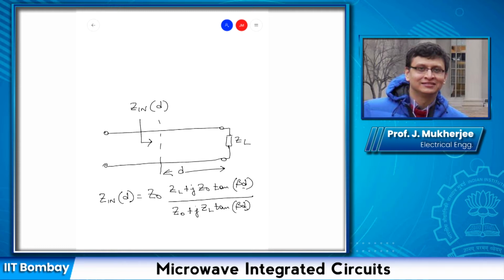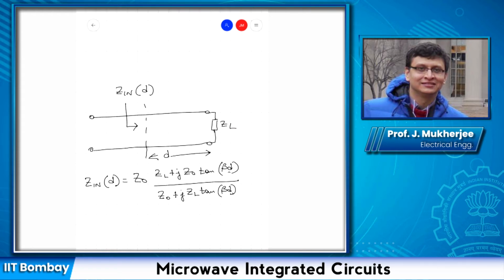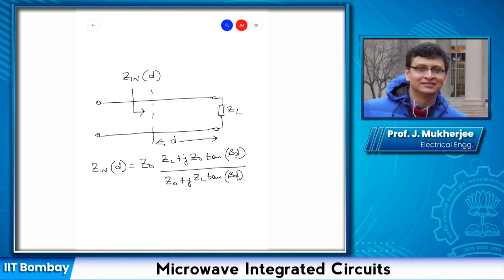Okay, so we had found that this input impedance is periodic with respect to beta d.